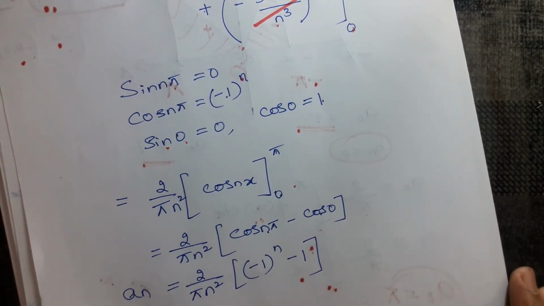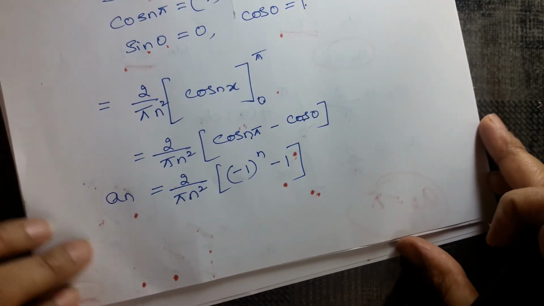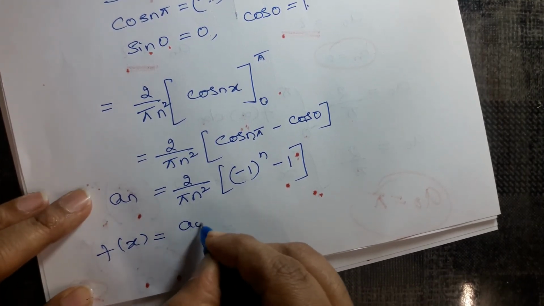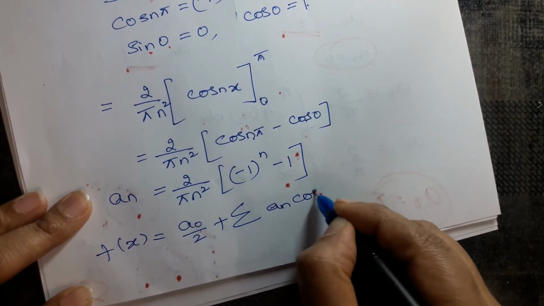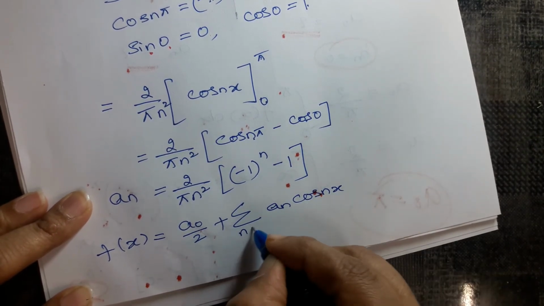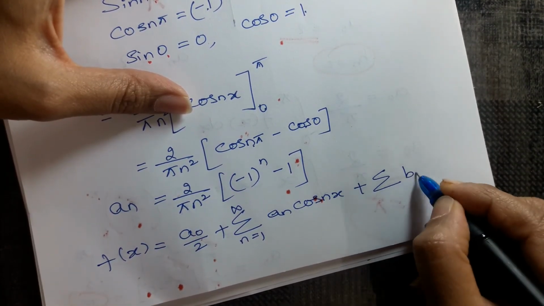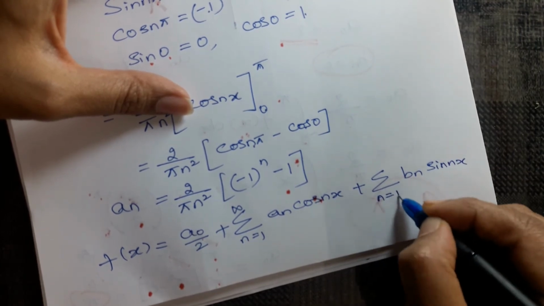So a0 you got, an you got. Both the values I will substitute back into the Fourier series. That gives the Fourier series expansion of modulus of f of x. What is the formula for Fourier series? f of x is equal to a0 by 2 plus summation an cos nx, n takes the value 1 to infinity, plus bn sin nx, n takes the value 1 to infinity.